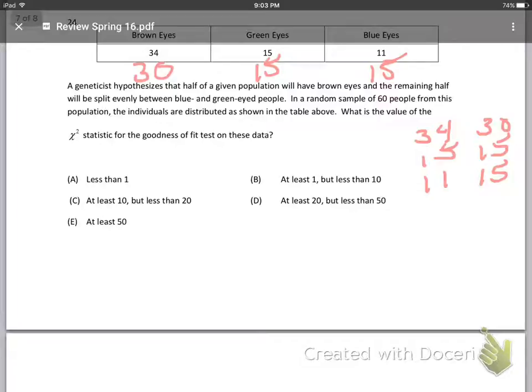Okay, so let me go put this into my calculator. Okay, so my degrees of freedom are 2 because I have 3 categories, so my chi-squared I get is 1.6. So that's more than 1 but less than 10, so my answer is B.